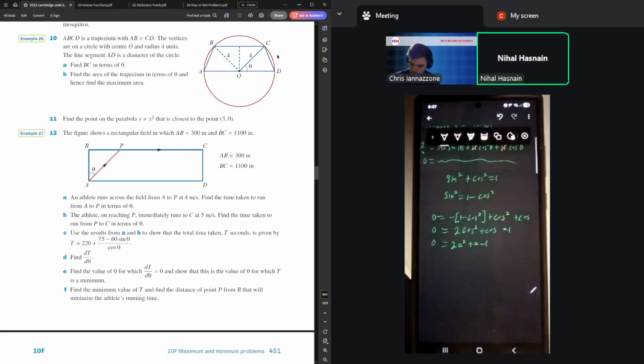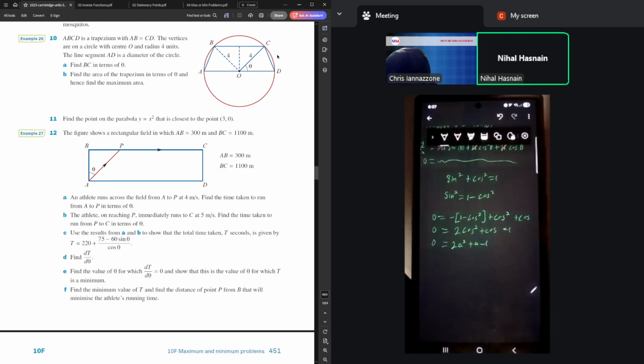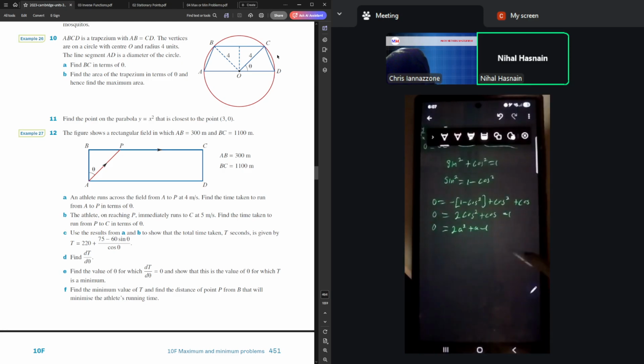So you can do splitting the middle term. We have to get two numbers that multiply to -2 and add to +1. Wait, why -2 and +1?